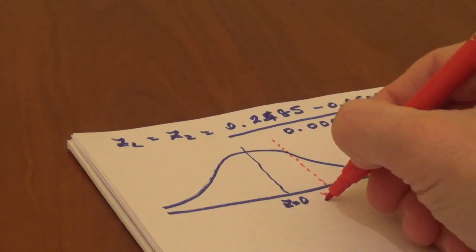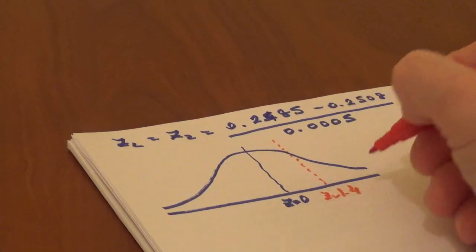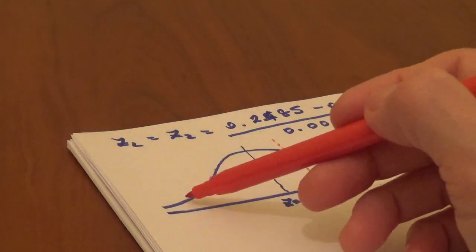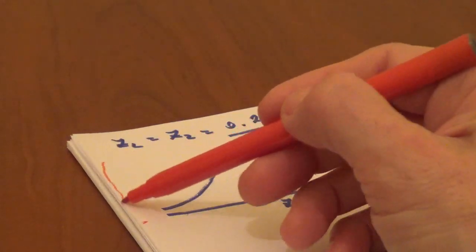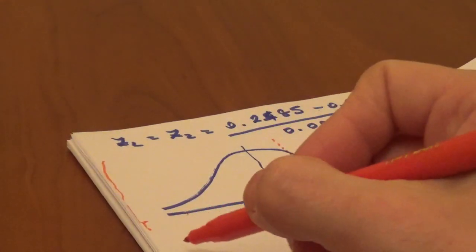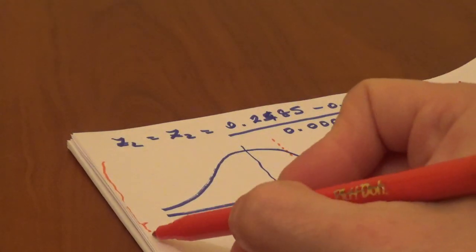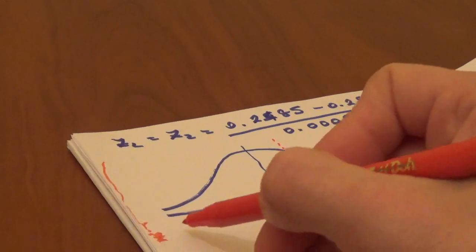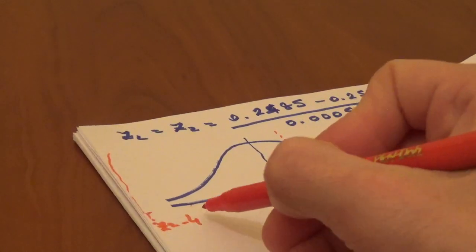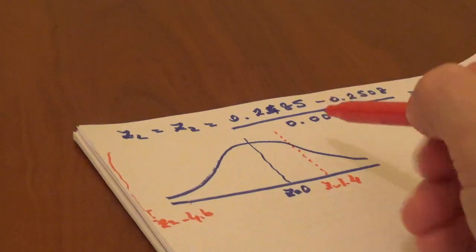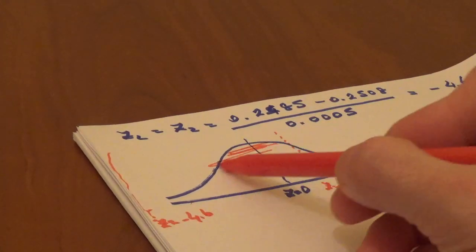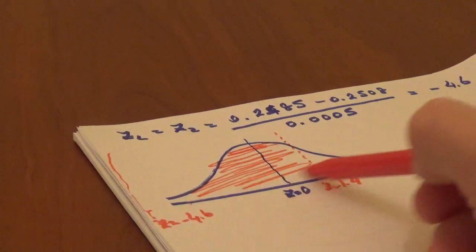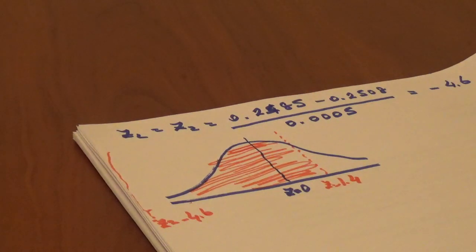This is Z equals 1.4, and here we have somewhere over there Z equals minus 4.6. So we would like to find the area under this curve.